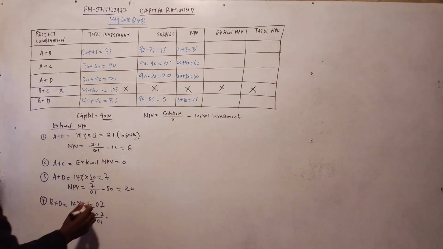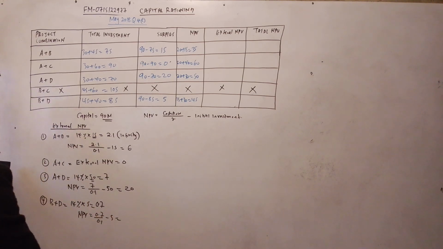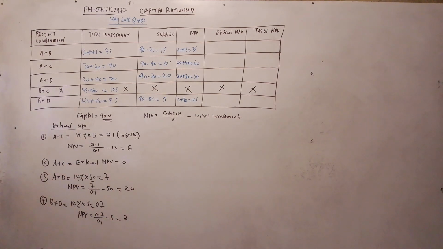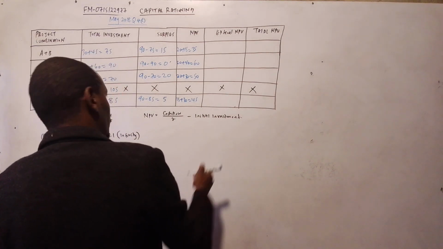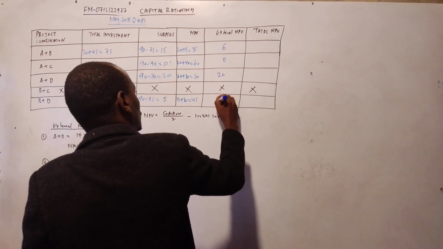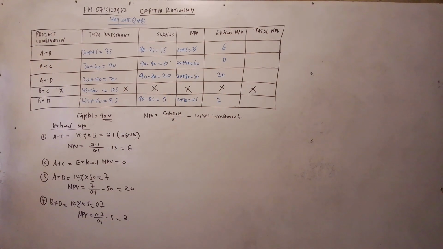So 0.14 times 5 is 0.7, divided by 0.1, minus 5. That is 2 million. So we come and put it there. Let us put the external NPV. So this is 6, 0, 20 and 2. Then we can get the total NPV, where you add the 2.